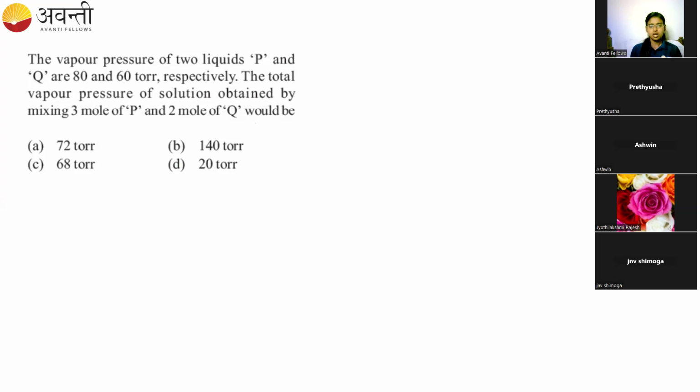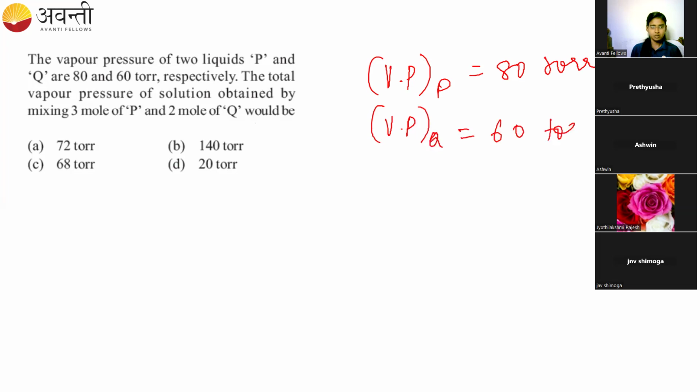So vapor pressure of P is 80 torr and the vapor pressure of Q is 60 torr. The number of moles of P is 3, and the number of moles of Q is equal to 2. Now, using these data, we have to find out the total pressure.